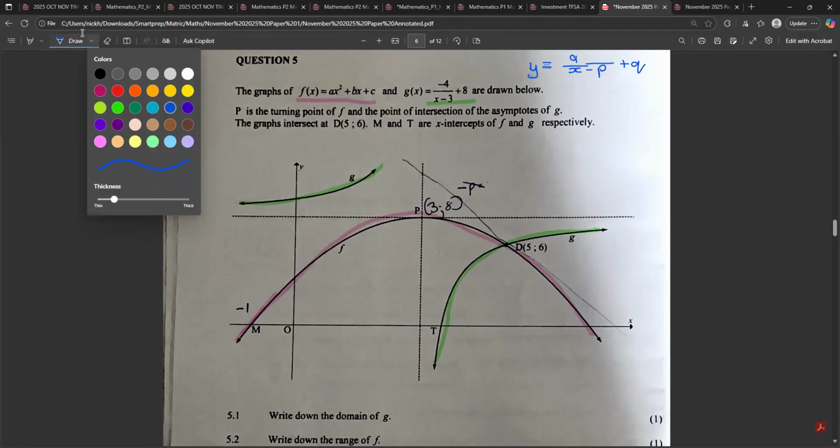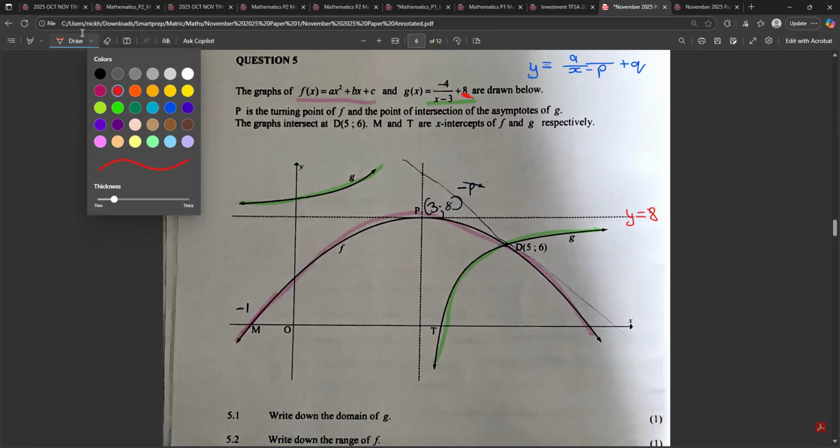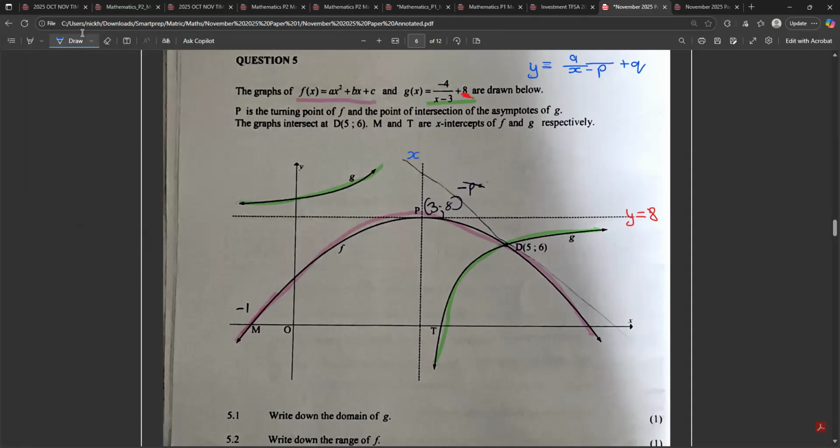Let's start with 8. I'm going to do 8 there in red. So that means that we have this asymptote at y equals 8. And then we have x minus 3, so we have another asymptote at x is equal to 3. And that's why, yes, this is indeed 3 and 8. So that point P is correct. That may be one of the questions coming up.